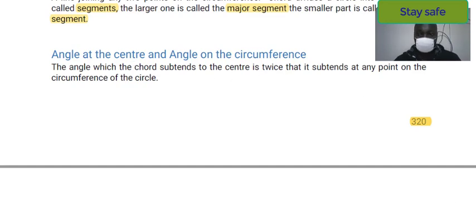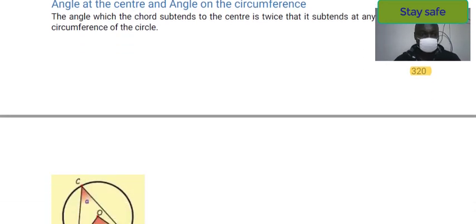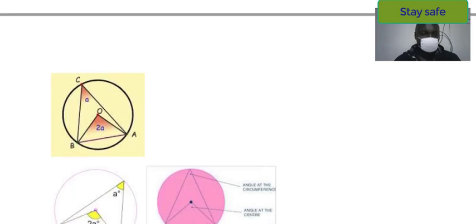Let's look at this property. When you look at this circle, you have an angle here and you have another angle here. This angle 2A is twice the one that is subtended here. This is the chord AB.